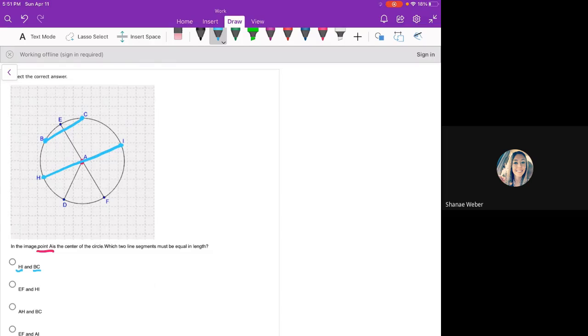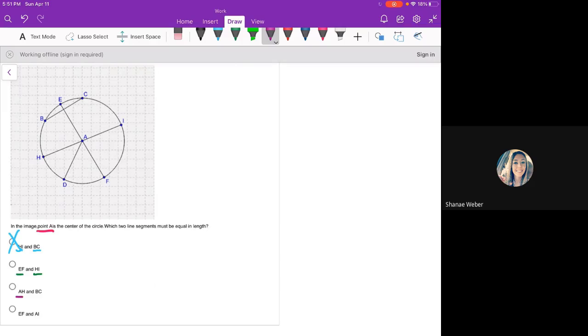Those 2 are definitely not the same length. So not this one. Okay, let's try EF and HI. So here's EF, goes all the way across the circle. And here's H and I. H and I also go all the way across the circle. So that definitely could work. But let's check the other 2 just to make sure.